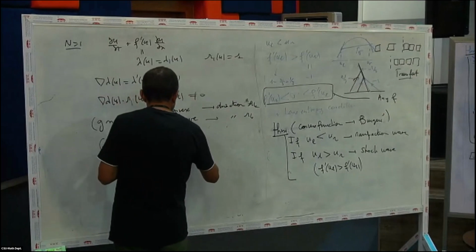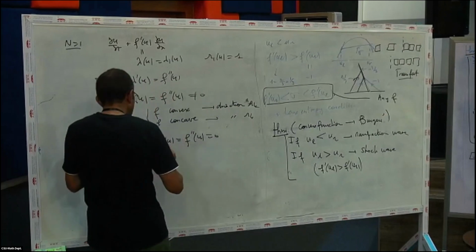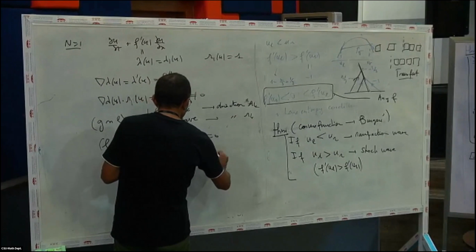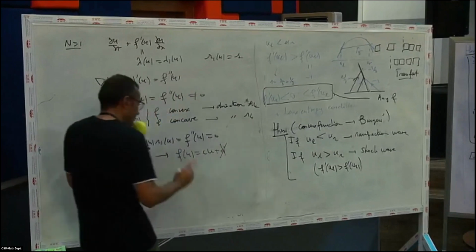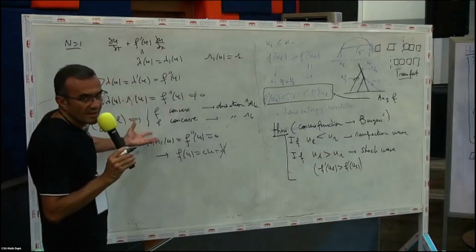So this is exactly f second of u equal to 0. So for dimension 1, it means you have f of u is c of u plus d if you want. But this is only, so these are the interesting cases.